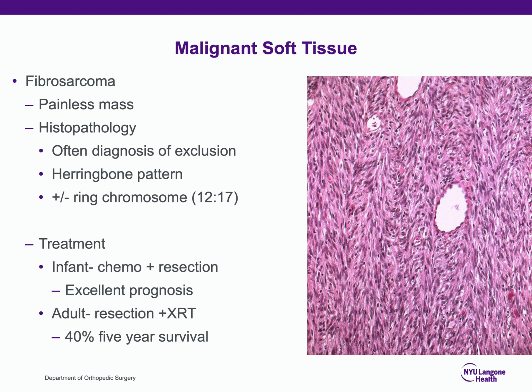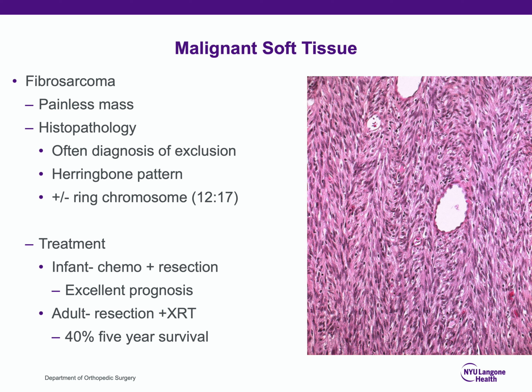Sometimes pathologists talk about this herringbone pattern, like a herringbone suit, where you get this cross-hatched appearance of the cells. They do have a characteristic ring chromosome and the t(12;17) translocation. Again, just strict memorization. You can make a list and cram it the week or a few days before your test. Treatment in adults is surgical resection and radiation. In kids, they'll try chemo.